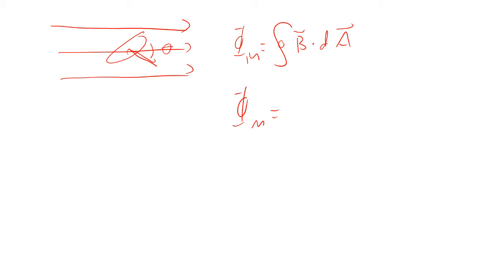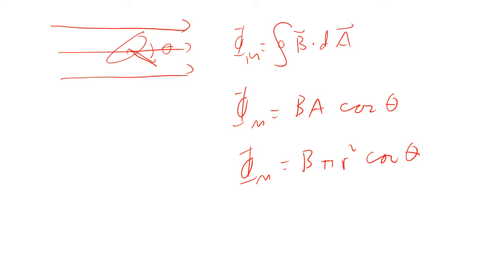It is B times A times the cosine of the angle between the perpendicular to the area and the magnetic field. So that would give you B pi r squared times cosine theta. This gives rise to the idea of magnetic flux.